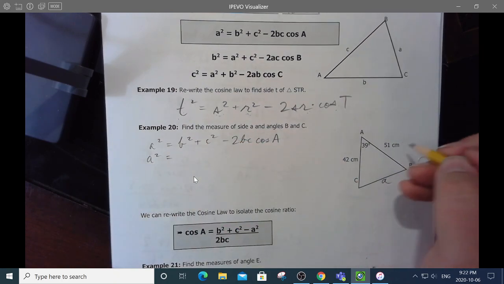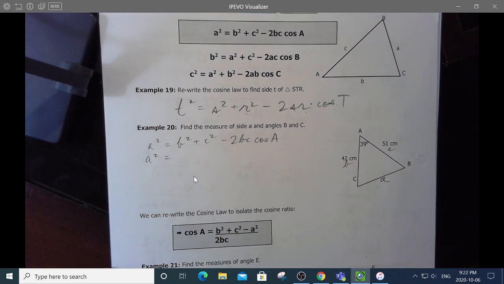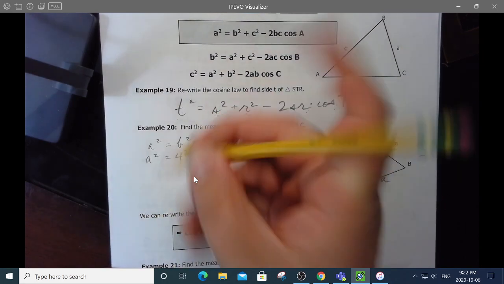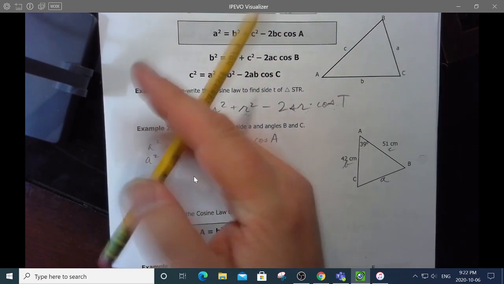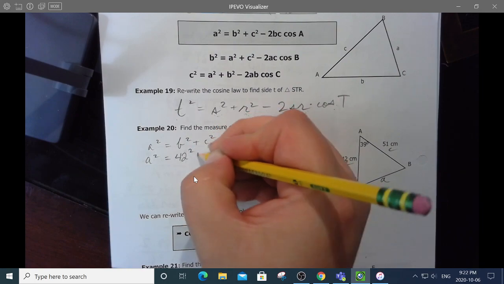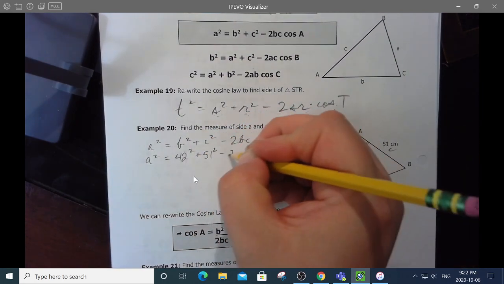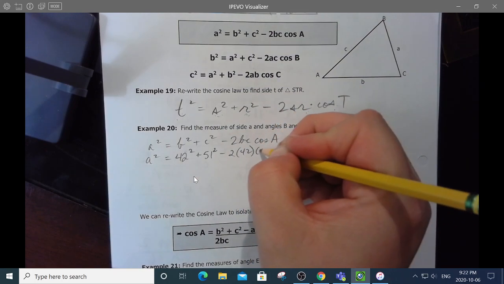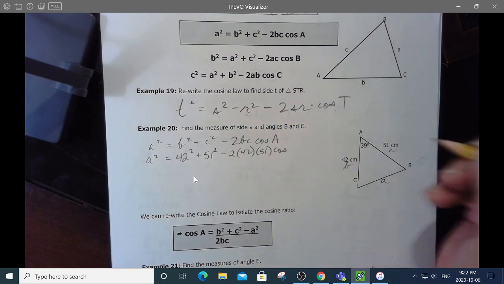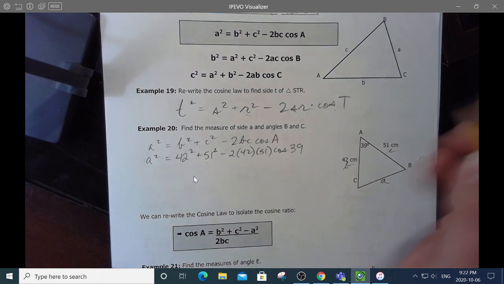B squared is 42 squared. C squared will be 51 squared. Minus 2 times 42 times 51 times the cosine of 39 degrees.